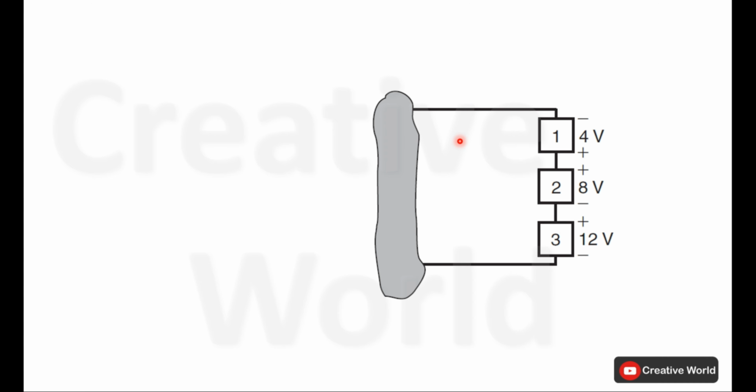I have redrawn the circuit here. Power of element 2 is shown here with positive magnitude because this power is being absorbed by element 2.